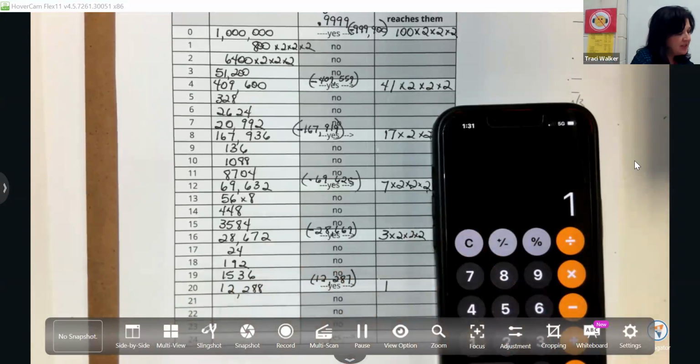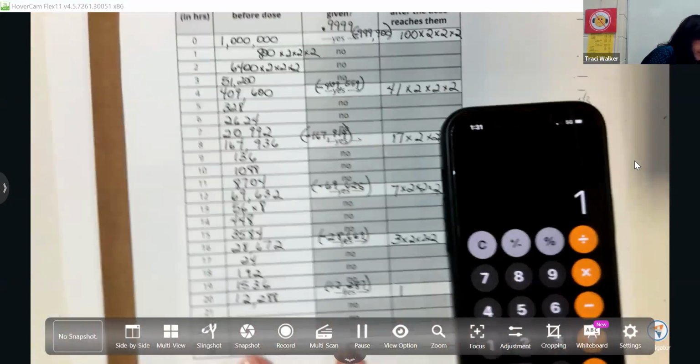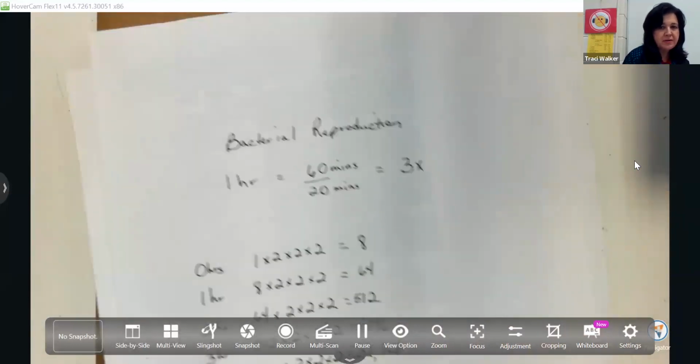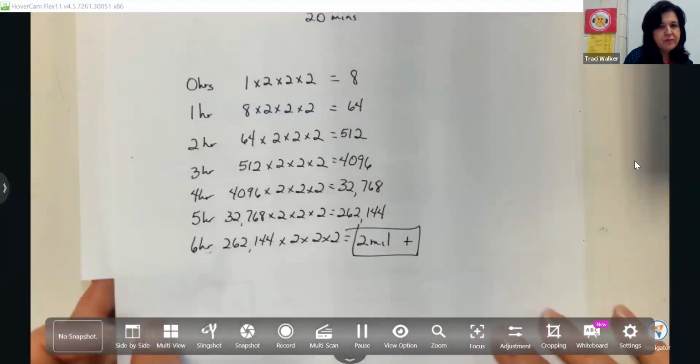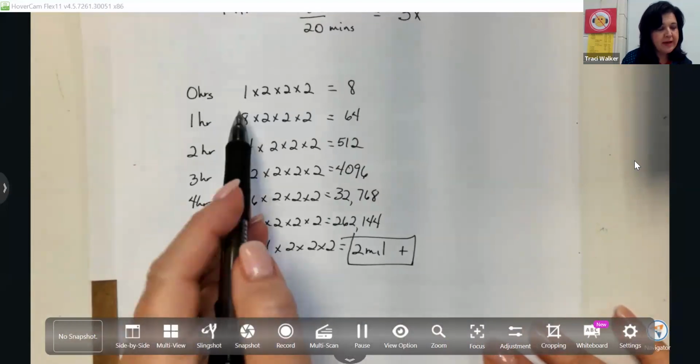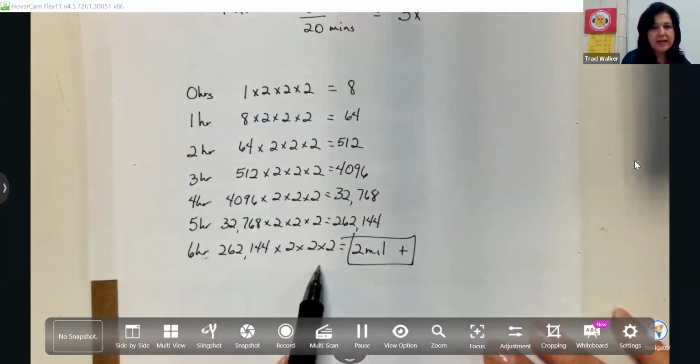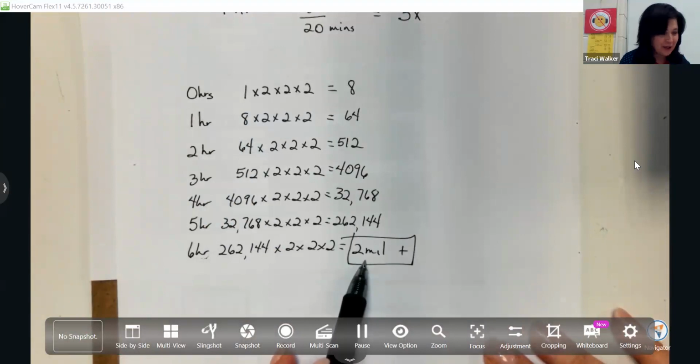Now, look, remember, let's see, where is that paper? Remember what happened. Remember this model that we made. Remember, we had 1 bacteria cell, and then in 6 hours, that 1 became 2 million. You cannot quit taking your antibiotics yet.